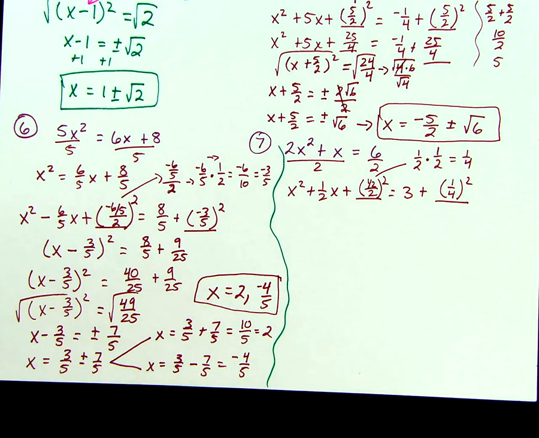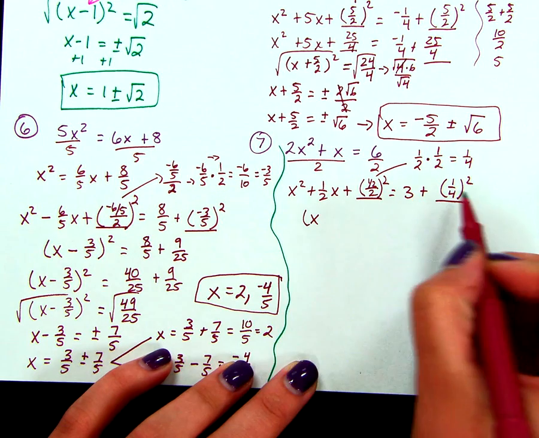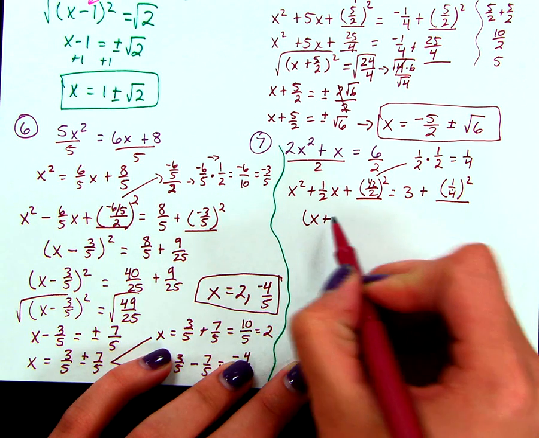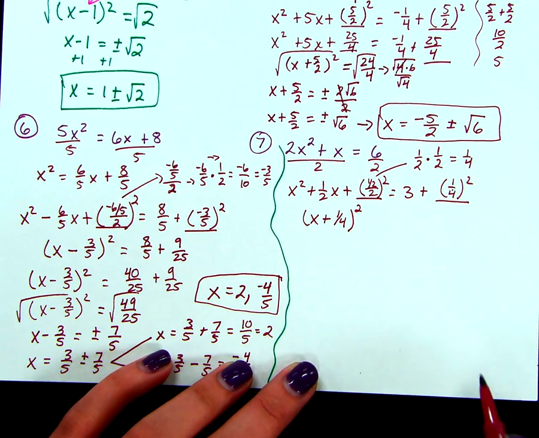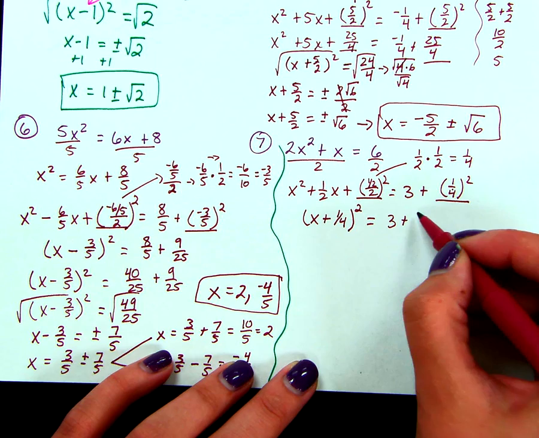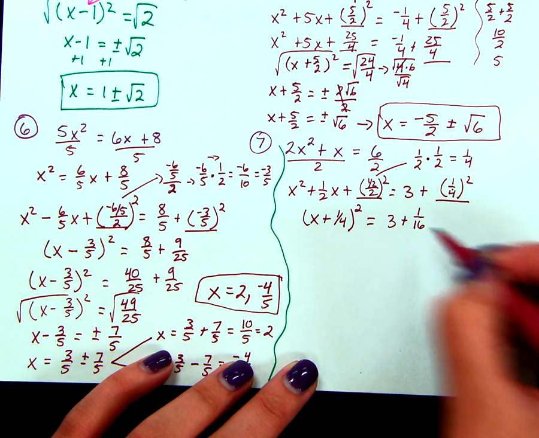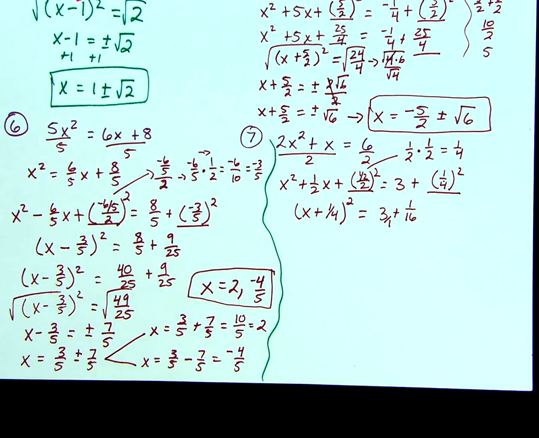Now again, I'm going to use my shortcut to factor. On this side, it's going to be x, and since this is positive, it will be a plus, and then 1/4 squared on the outside, equals 3 plus, and 1/4 squared will be 1/16. To combine this, I need to put this over 1, and then we need that common denominator.